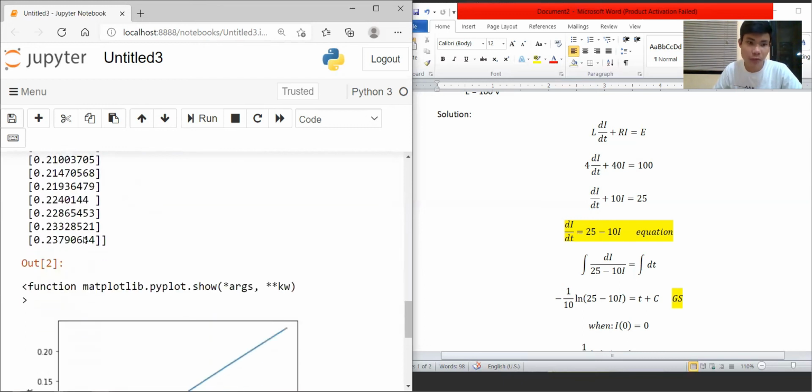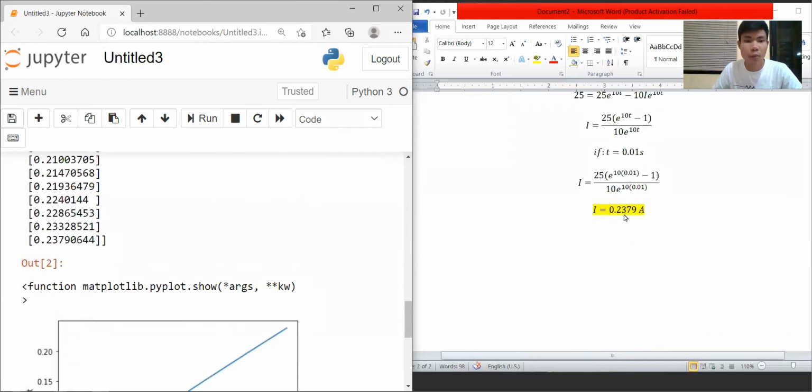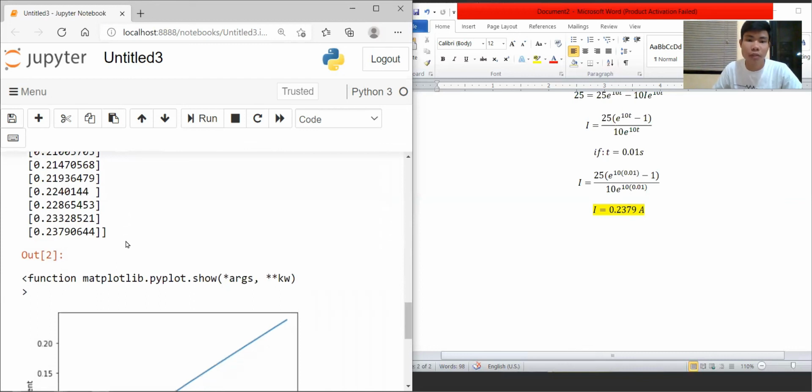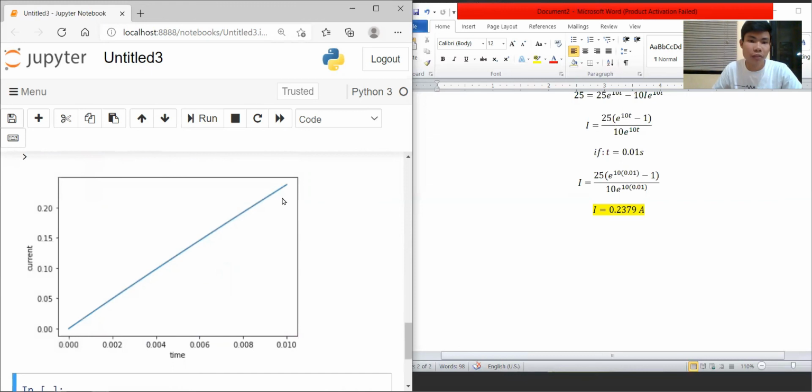So yung end niya, ibig sabihin dito na-reach niya yung time na 0.01, which is ang value ng current na ngayon ay 0.2379, which is ang sagot natin dito, same sa nakuha nating sagot for our calculation.